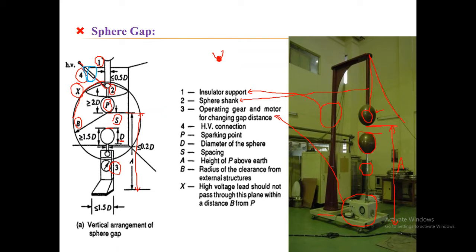If we are supplying AC or DC voltages, then the value of this water filled resistor is higher, in terms of kilo ohms. But if we are to use this facility for impulse voltage measurements, then the value of these water filled resistors should be quite low, only a few ohms.